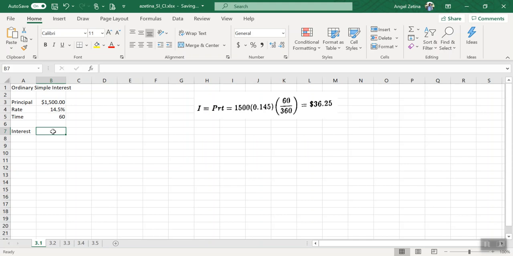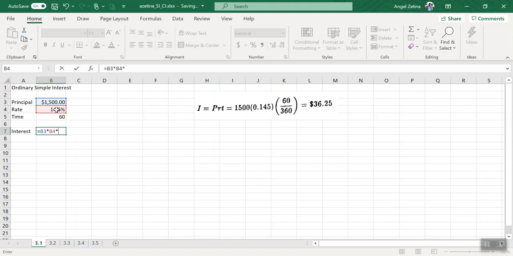We start by entering an equal sign, equals, then we select the principal, then put an asterisk. The asterisk implies multiplication. Then we select the rate, asterisk again.